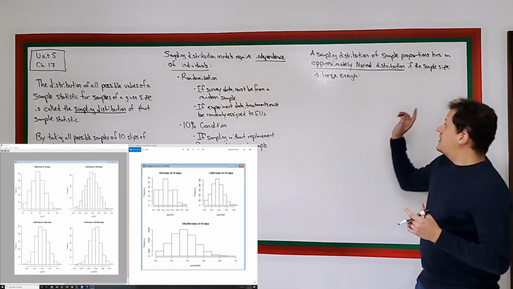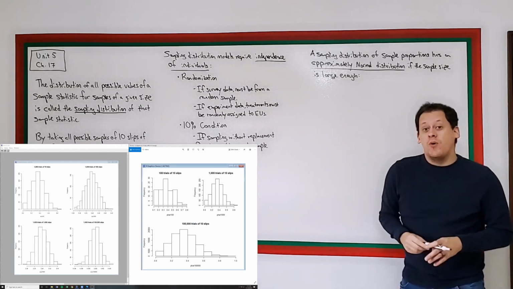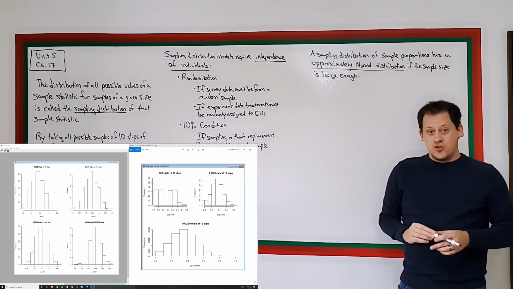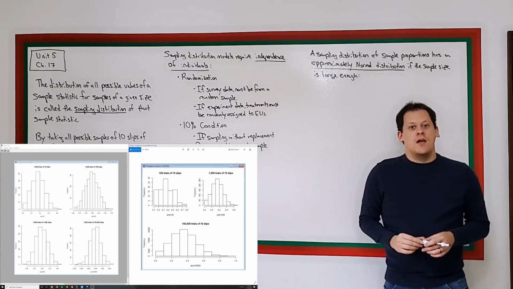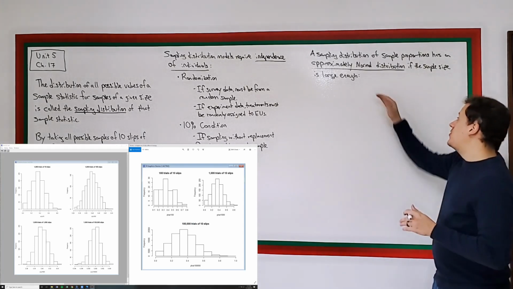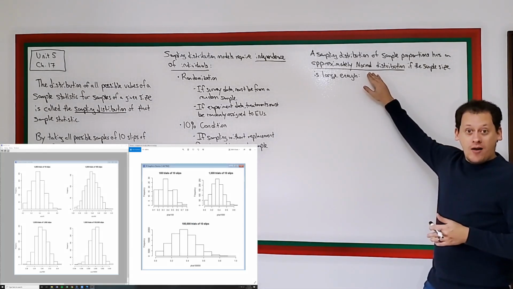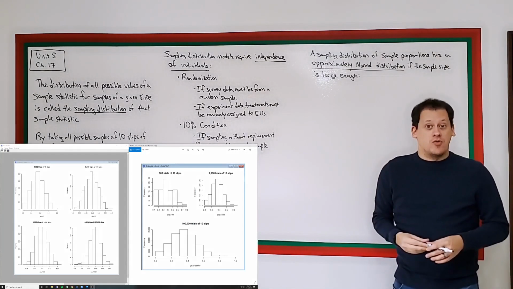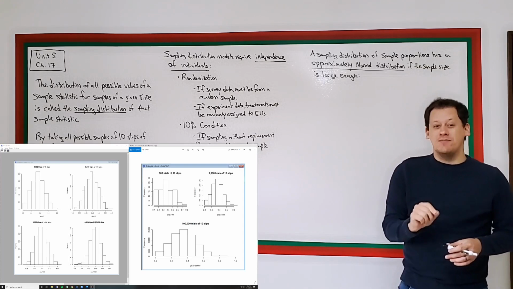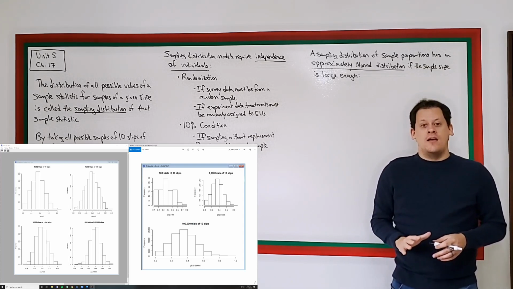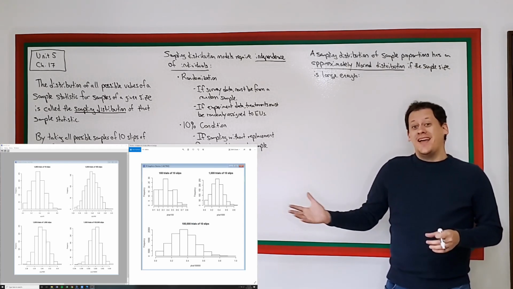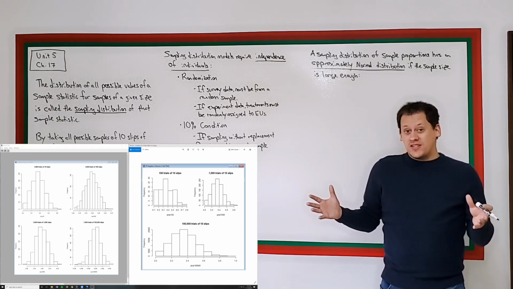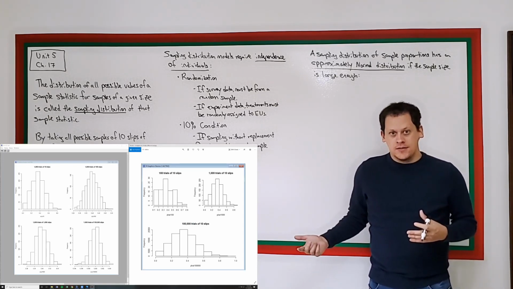So, it turns out that's the model that we want to use for the sampling distribution for sample proportions. But in order to use this normal model, in order to call the distribution approximately normal, there has to be a condition that's met. It's not automatic. What I showed here had fairly large sample sizes or many, many trials.